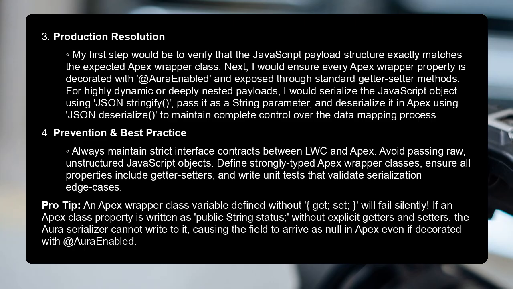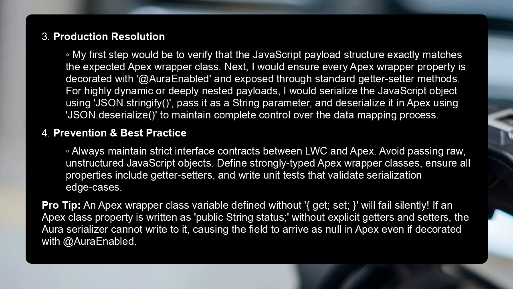Next, I would ensure every Apex wrapper property is decorated with @AuraEnabled and exposed through standard getter-setter methods. For highly dynamic or deeply nested payloads, I would serialize the JavaScript object using JSON.stringify, pass it as a string parameter, and deserialize it in Apex using JSON.deserialize to maintain complete control over the data mapping process.